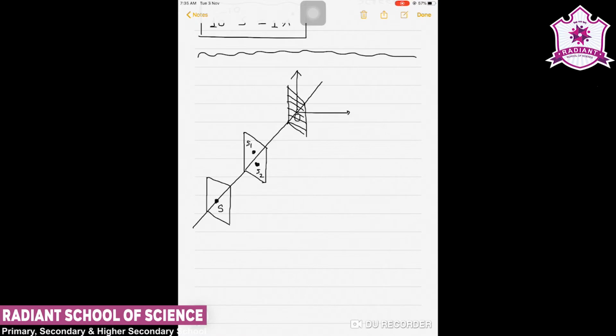At any particular point of the screen we can observe the interference pattern.